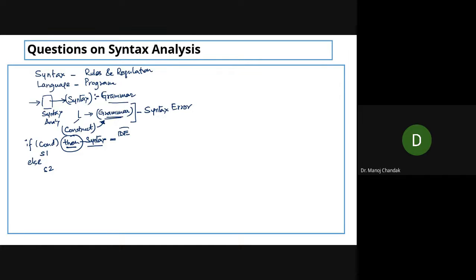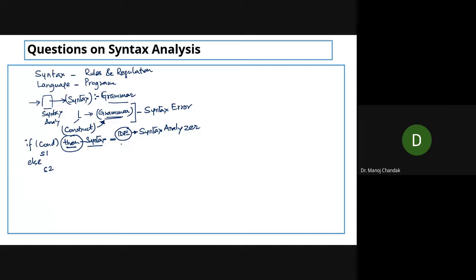Intelligent, and most of the IDE designers have basically integrated the syntax analyzer in the IDE itself.